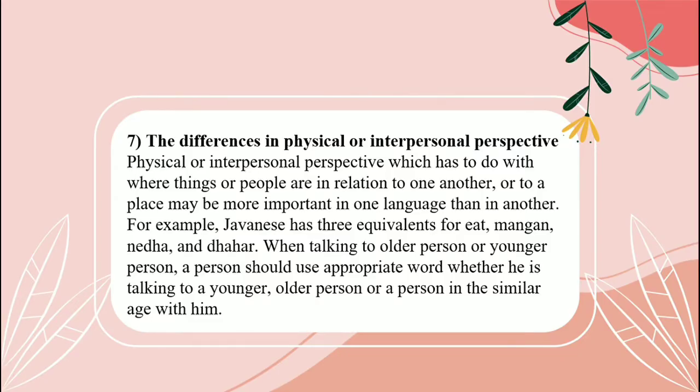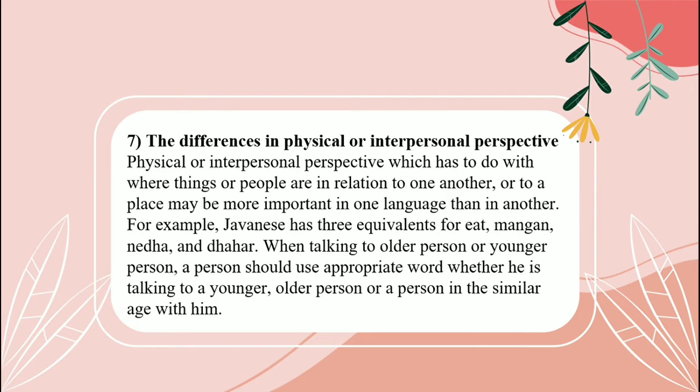And the next one is the differences in physical or interpersonal perspective. Physical or interpersonal perspective, which has to do with where things or people are in relation to one another or to a place, may be more important in one language than in another.